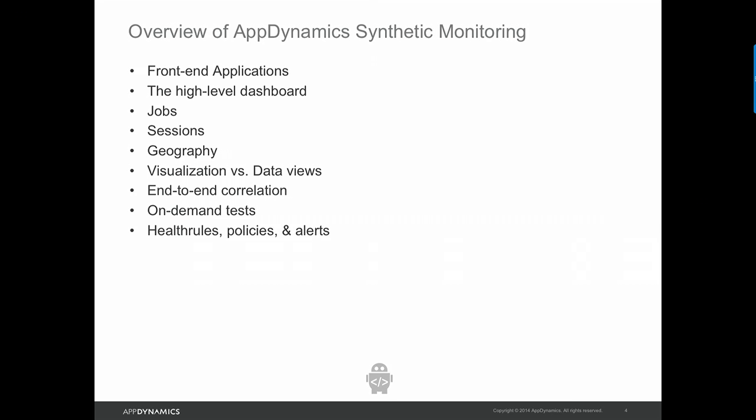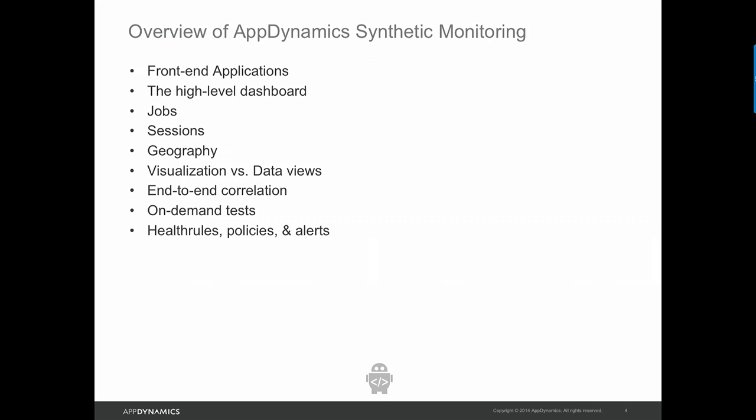As far as the product goes, we're going to go through the concept of front-end applications, that high-level dashboard of real users and synthetics, what jobs are, and part of the lab will be setting up jobs and how to do that. The concept of sessions, geography, and some of the visualizations. If you are already an AppDynamics customer, you may have seen the same methodology before.